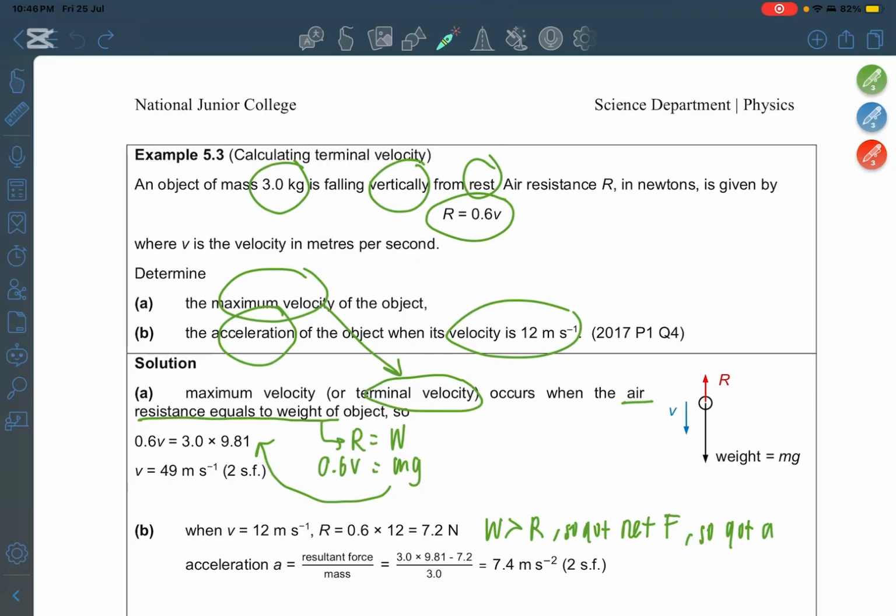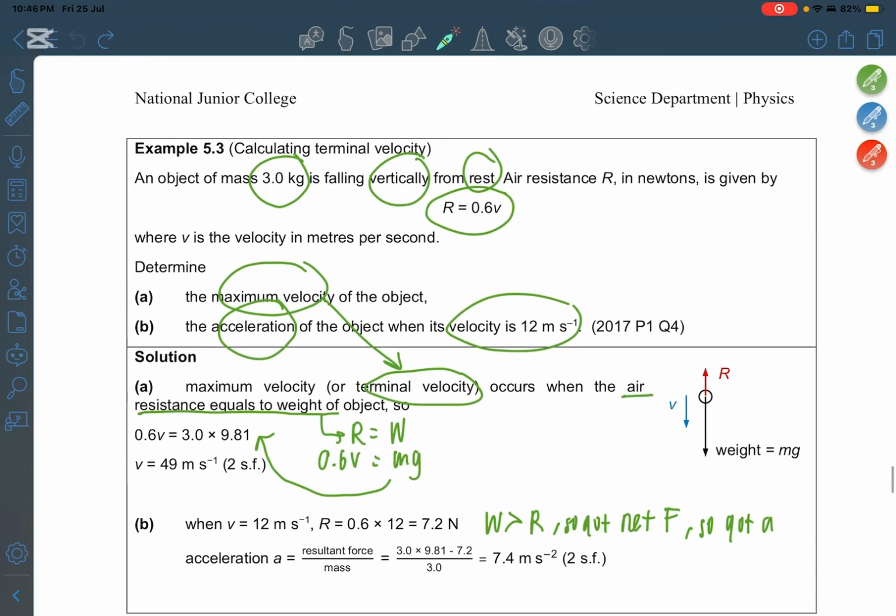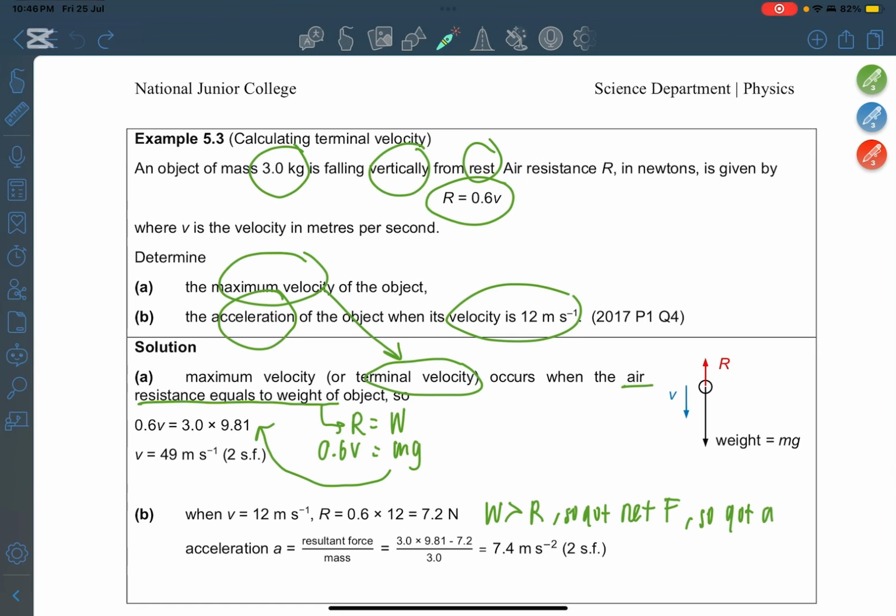Okay, y'all, we're back to example 5.3. The purpose of this, by the way, is to calculate terminal velocity, to test you on what terminal velocity is. Make sure you understand. Okay, so the mass here is 3 kilograms, falling vertically from rest, u is equal to 0. Air resistance in newtons is given by this equation, where v is velocity in meters per second. They want to determine the maximum velocity of the object.